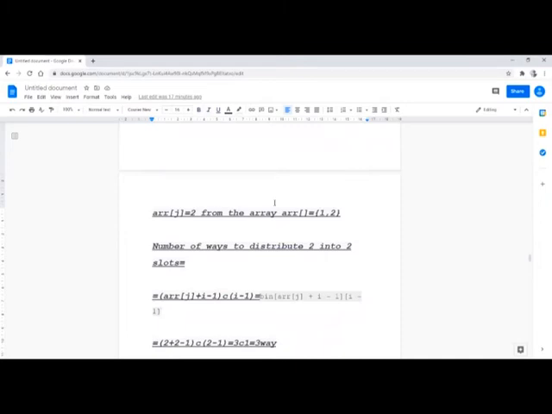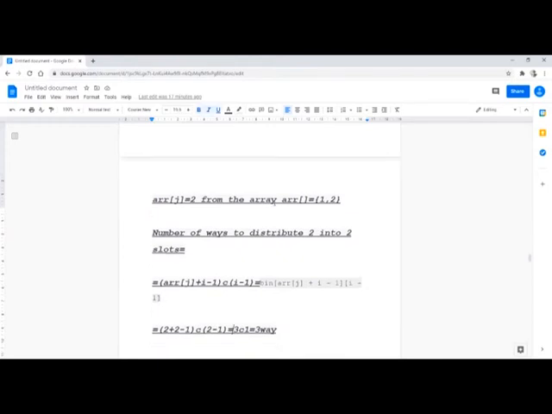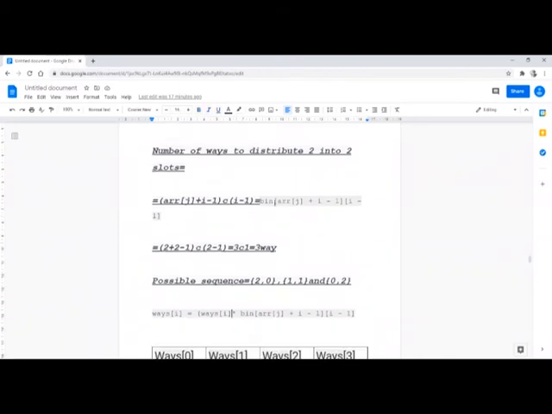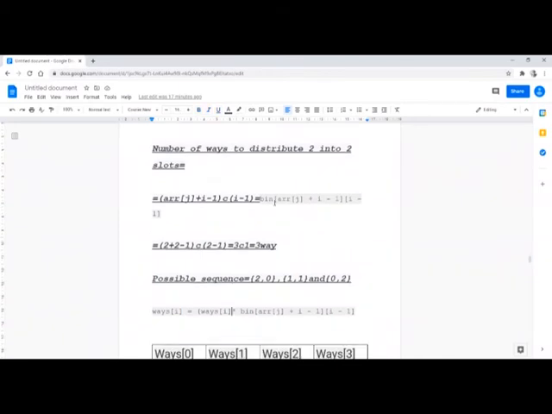So the number of ways to distribute two items into two slots uses the same formula, array of j plus I minus 1 c I minus 1. That is 2 plus 2 minus 1 c 2 minus 1, which is 3c1, which is 3 ways in total.